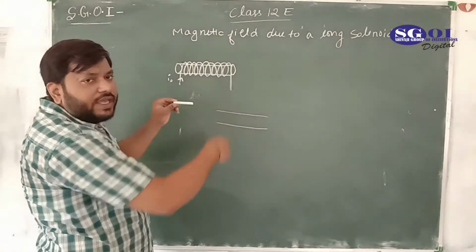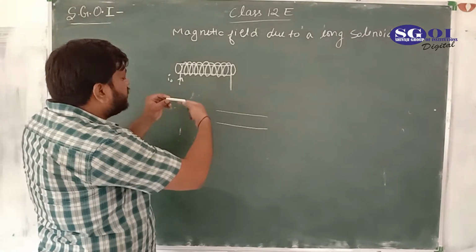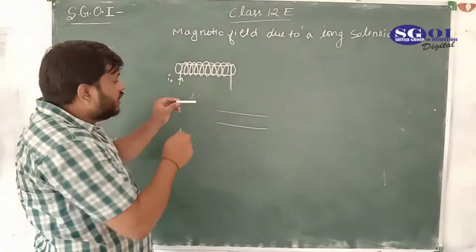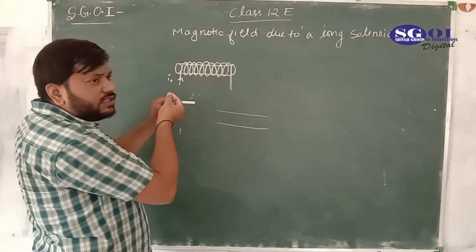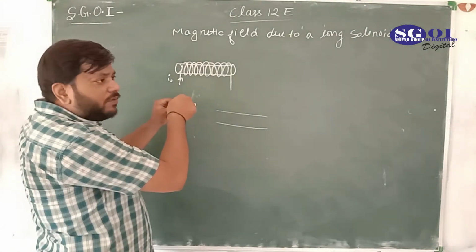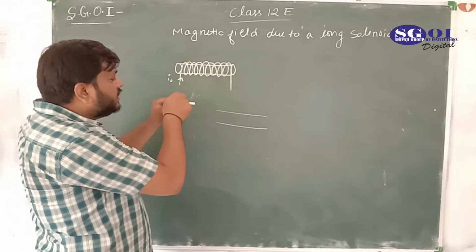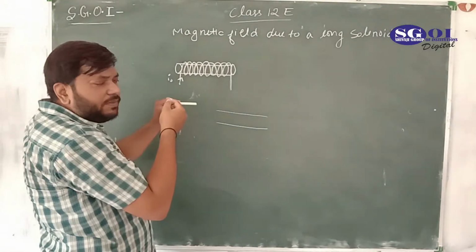We are wrapping the wire like this, and the current is flowing in this way. So on the upper side current is going inward, and on the downside current is coming outward.